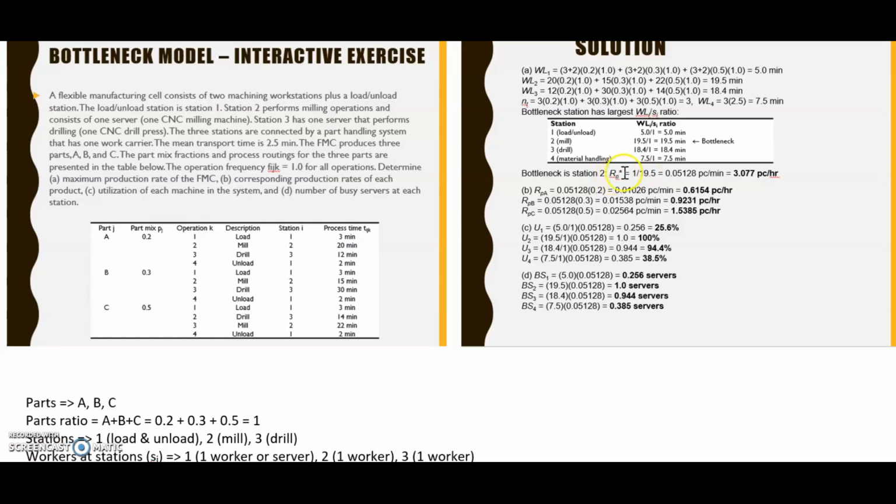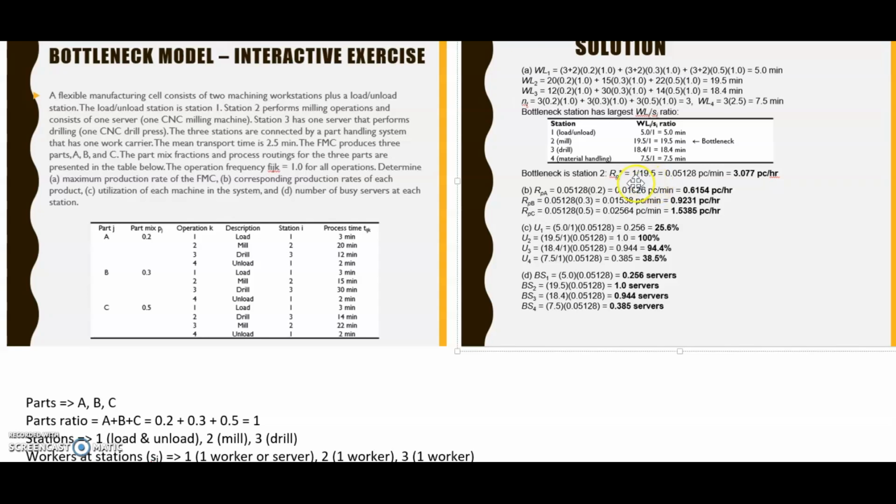The formula is Rp star equals 1 over 19.5. So what is the 1? Rp by formula is S over WL. S for workstation 2 is 1, because there is 1 worker, divided by the workload 19.5.